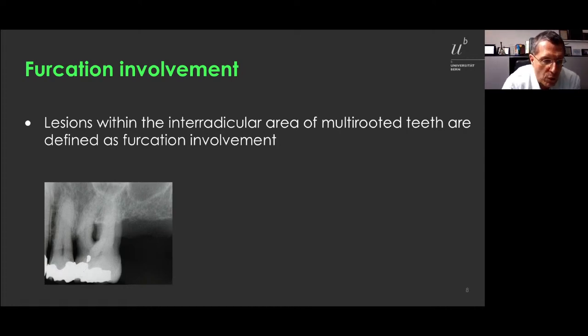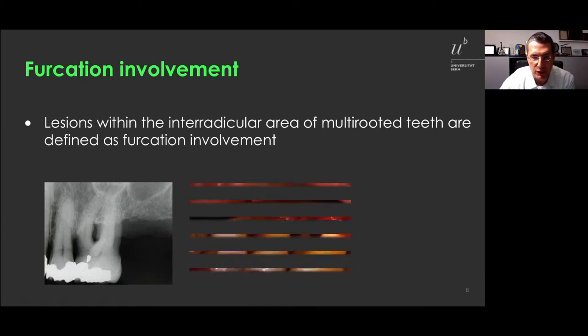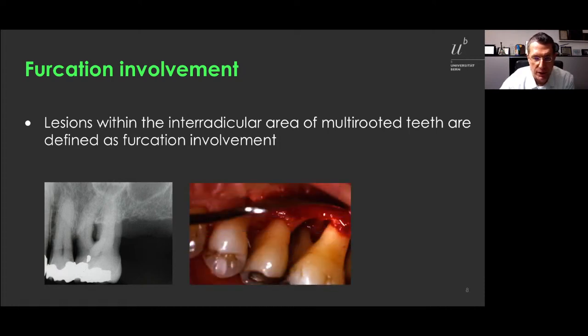You see here a molar that has a horizontal and a vertical bone loss, not only difficult to access but also difficult to clean during surgery and of course during the daily oral habits of the patient. Even if we would raise a flap, it is quite difficult to access, and we all know this problem from the daily practice.